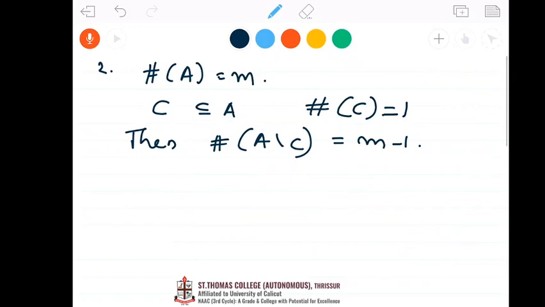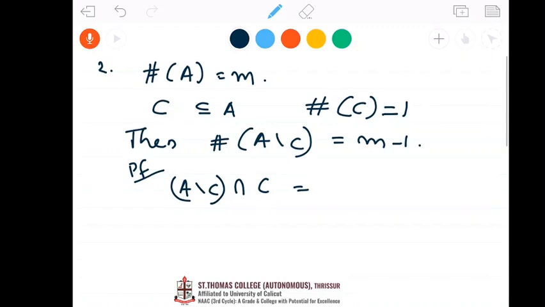Here, I have two disjoint finite sets. I have A minus C here and I have C here. What about A minus C intersection C? This is empty.